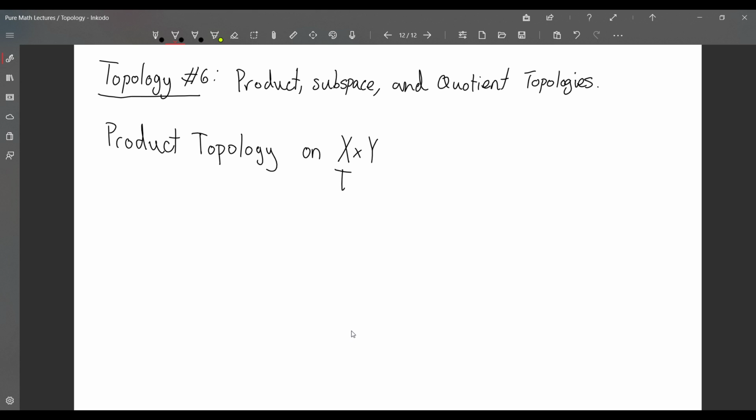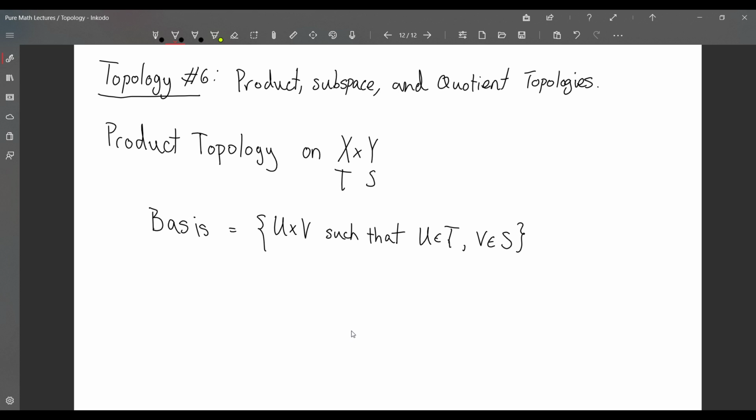We're going to call the topology of X T and the topology of Y S. And this topology is going to be formed by a basis, which is going to equal the set of Cartesian products U times V, such that U is an open subset of X, and V is an open subset of Y.